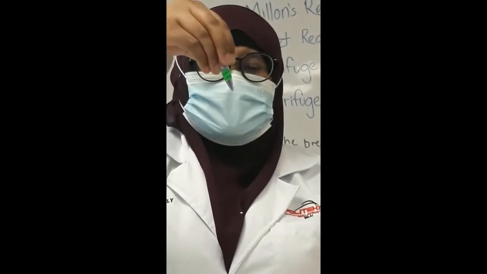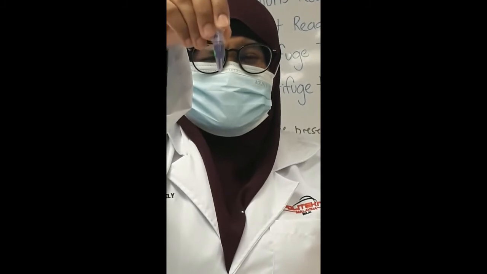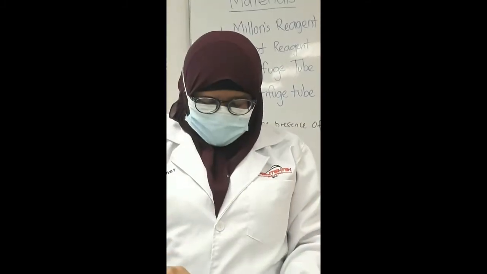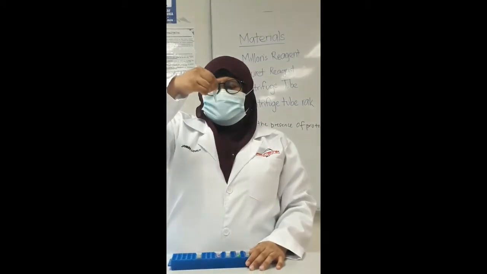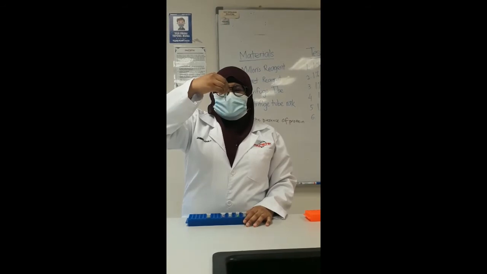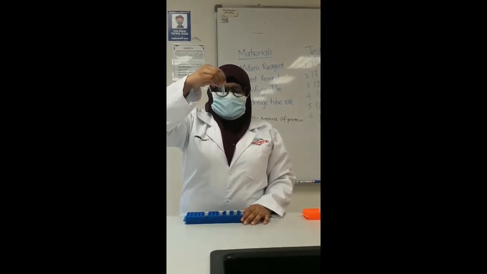This is the color change for 1% albumin after I add the Biuret reagent. This is the color change for 1% tyrosine.